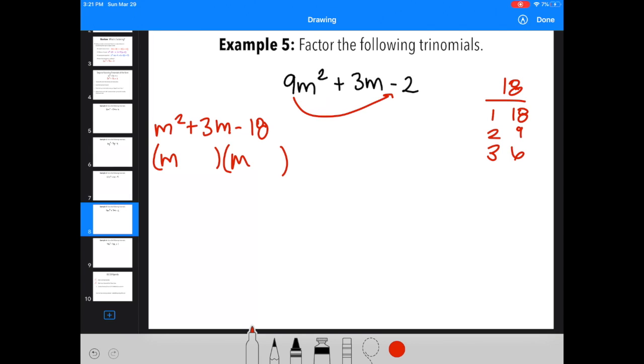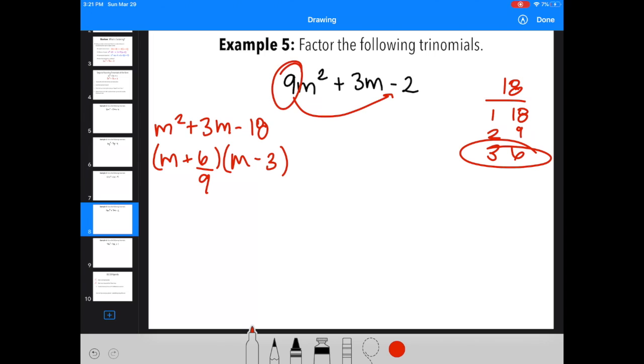Which of those values can I use to get to positive 3? Well, I have to remember my product is -18, so one of those values is going to have to be negative. Well, 6 minus 3 gives me positive 3. So I'm going to use plus 6 minus 3.